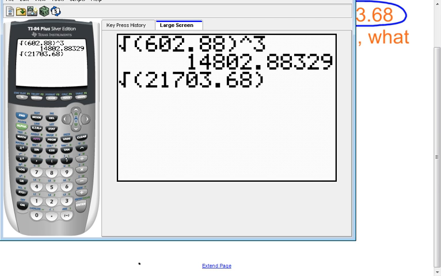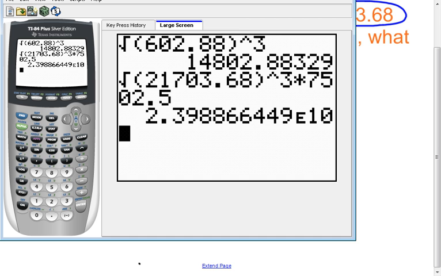Remember, close that parenthesis, and then I need to cube it. But then I also have to multiply it by the 7,502.5, and then push enter. So I'm doing all of that at once. Now that's a pretty big number there.